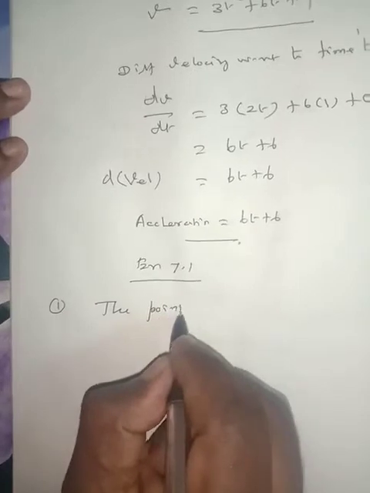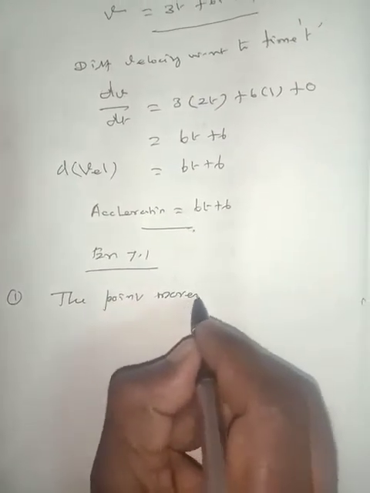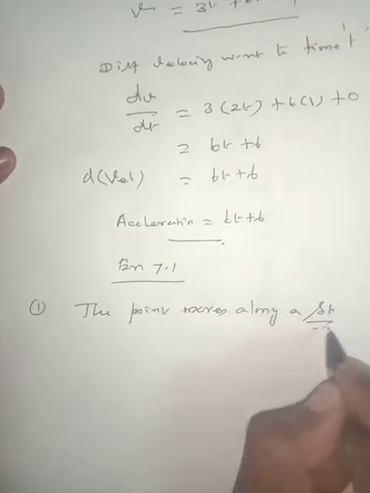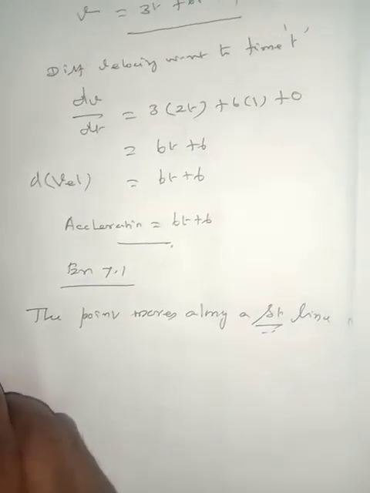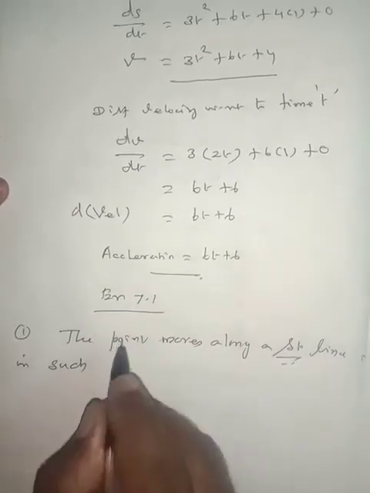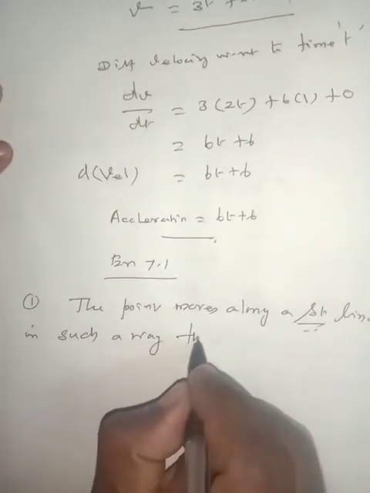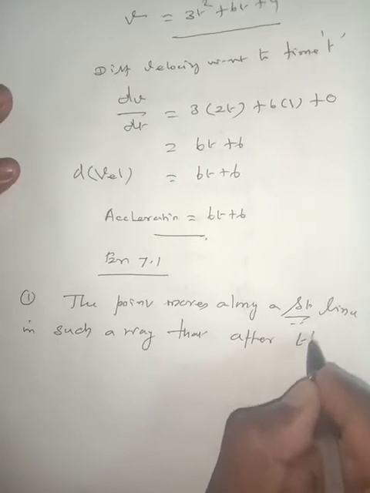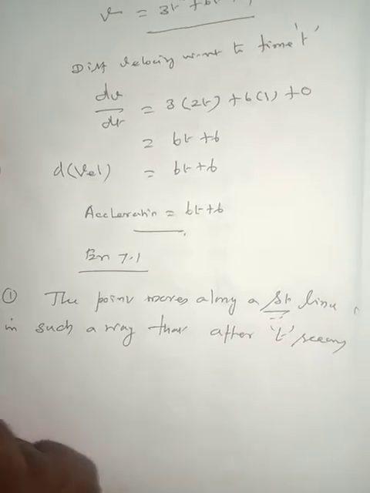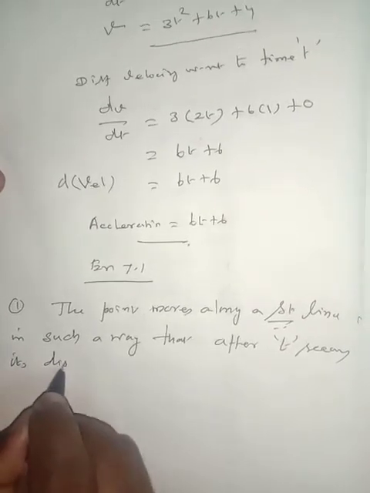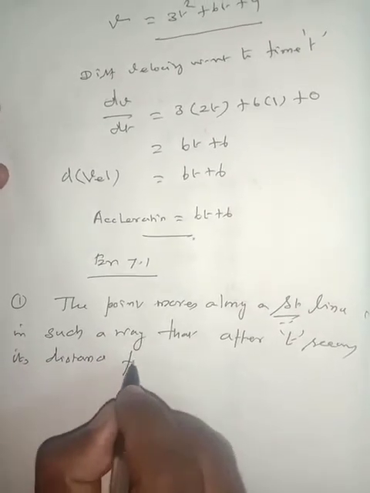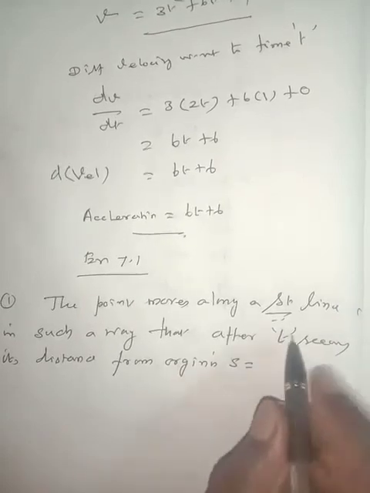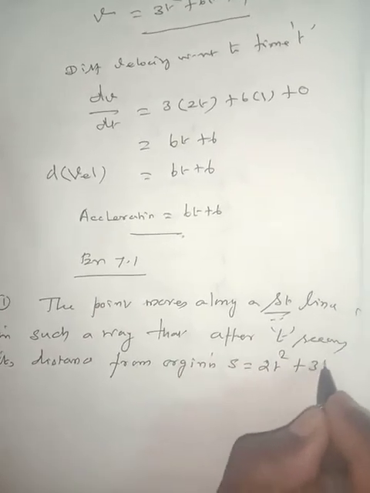The point moves along a straight line in such a way that after t seconds its distance from origin is s is equal to 2t square plus 3t meters.